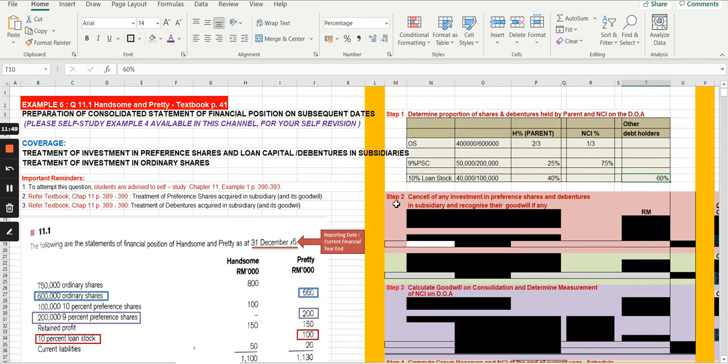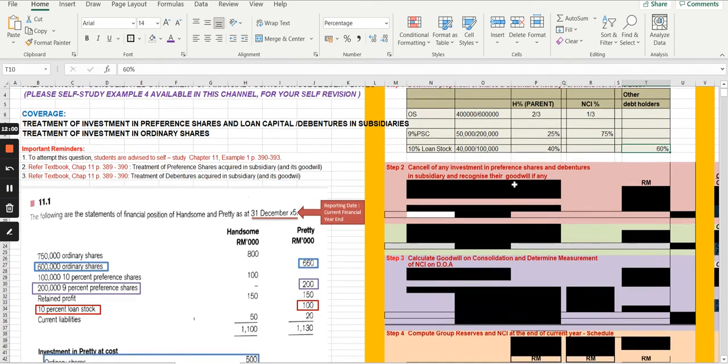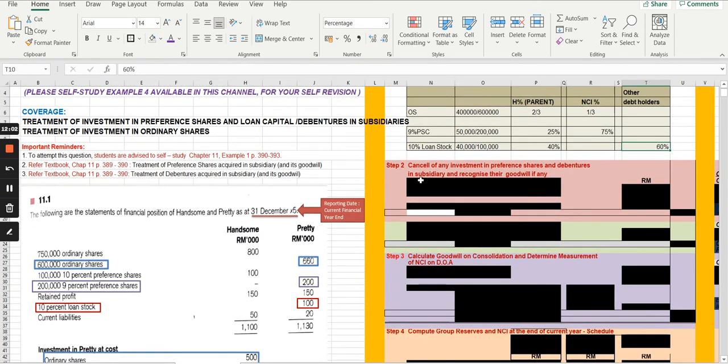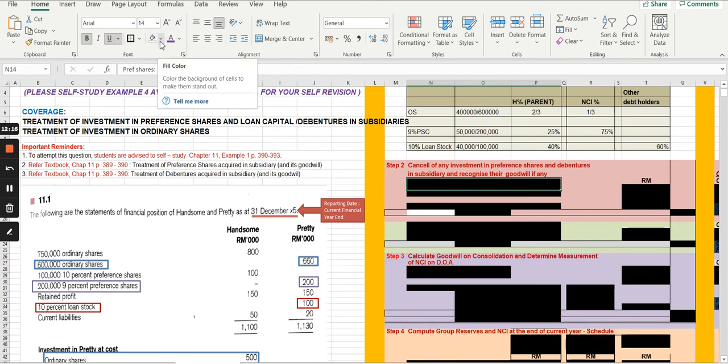So my advice for the second step is to try to cancel off any investment in preference shares and debenture in the subsidiary that you have made. In our case, yes, we do. And then recognize the goodwill, if any. So if I say to cancel off, what you need to do is calculate goodwill, if there is any, for each of the acquisitions of preference and ordinary shares.